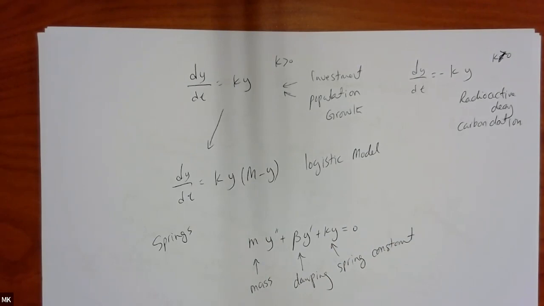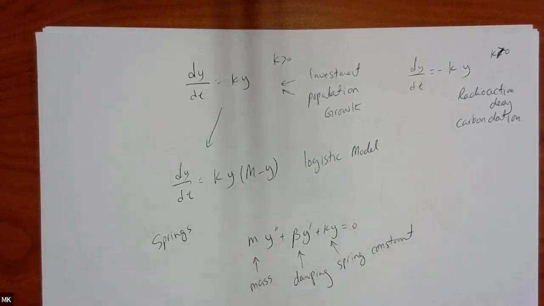You've probably seen that model before. And actually, the solution to this model would be a sinusoidal graph. So that's why the springs go up and down, up and down, up and down.